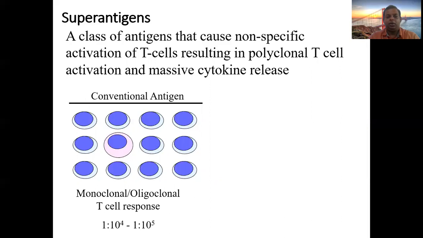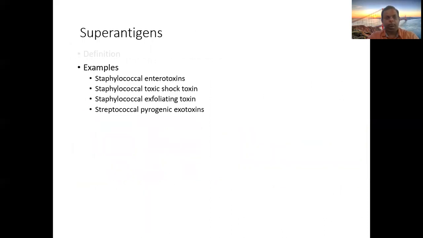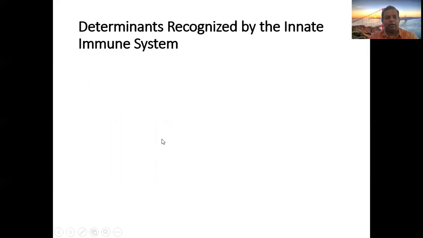But with a superantigen, it leads to polyclonal T cell activation. That's the problem. It leads to a massive inflammatory response, like a cytokine storm. Examples are bacterial and viral ones, staphylococcal enterotoxin, toxic shock syndrome toxin, exfoliative toxin, pyogenic exotoxins, and likewise.